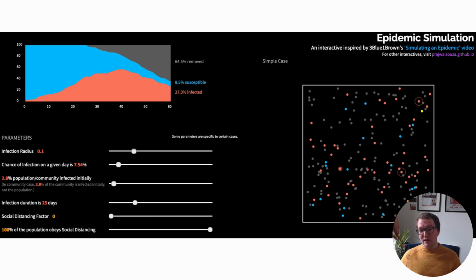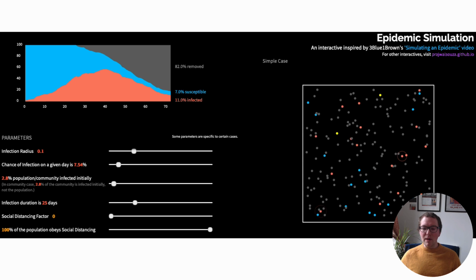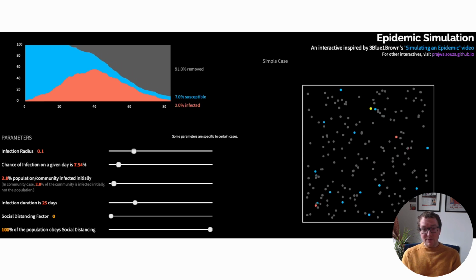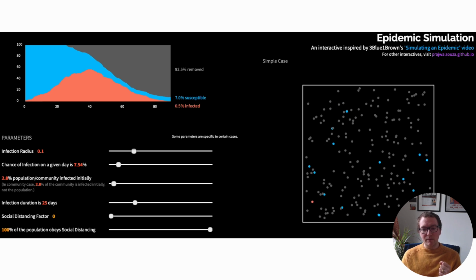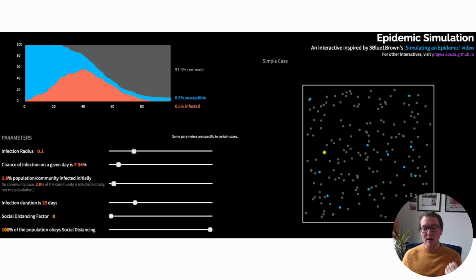And then after a certain amount of time, these red individuals recover and become grey, so they can't infect people anymore. And so in this model, any time that a susceptible, so a blue person, and an infected, a red person come together, there's a chance, which is kind of the secondary attack rate, that they become infected.